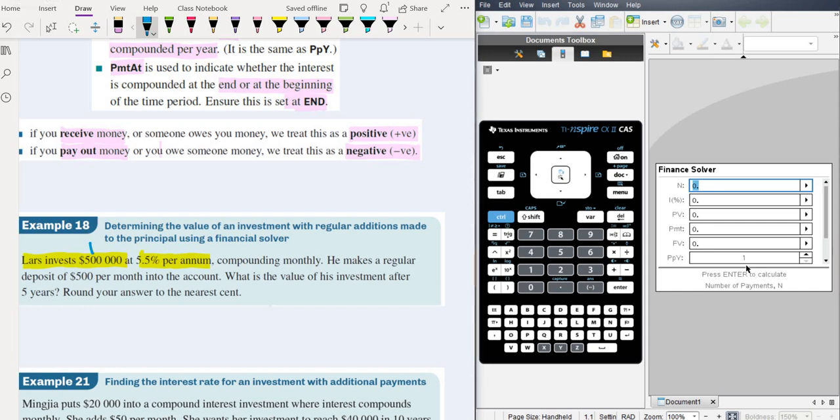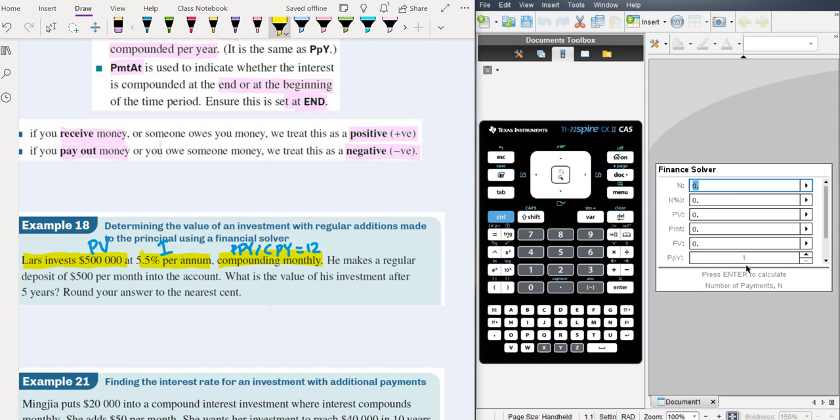So what you're starting with, how much you're putting in, is the present value, and then this will be the annual interest rate, so this is I, and then we have this compounding every month. So this means that our payment per year, or our compounding per year, they're both going to be 12. It's happening 12 times every year.